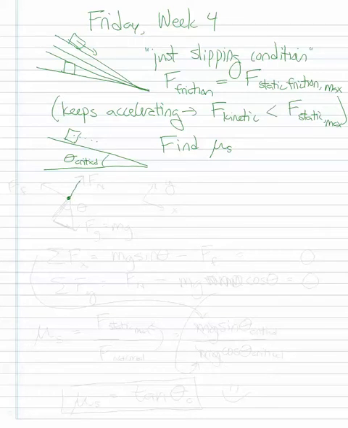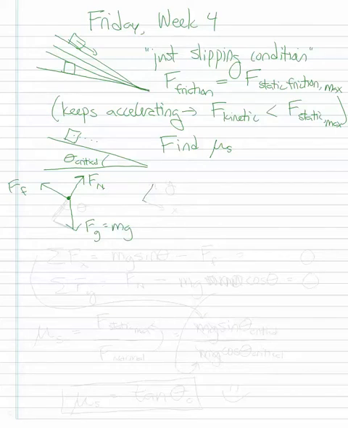And so we have the normal force going this way, and the static friction force is going this way, because it always opposes the motion, and downward is the force of gravity.